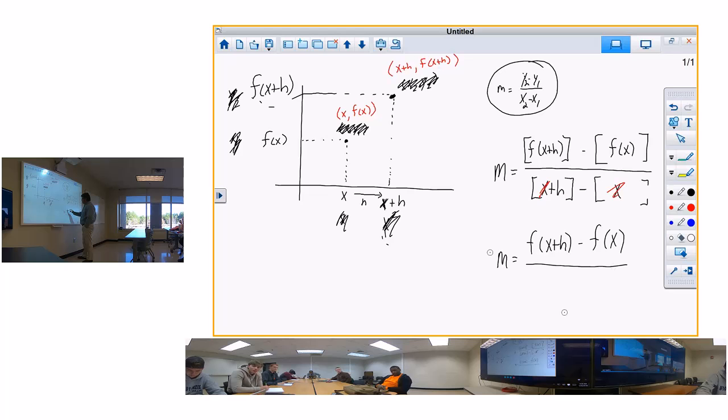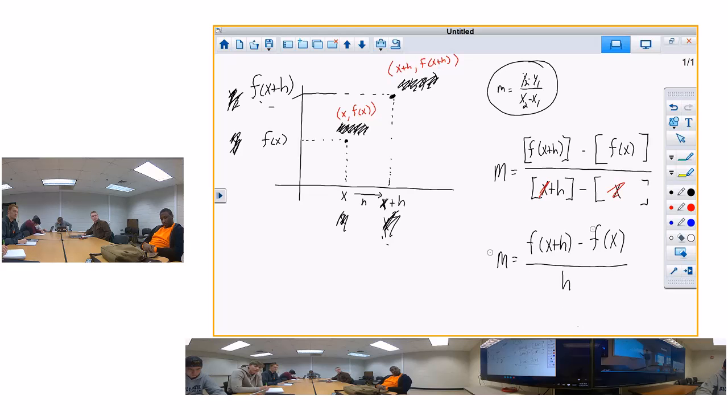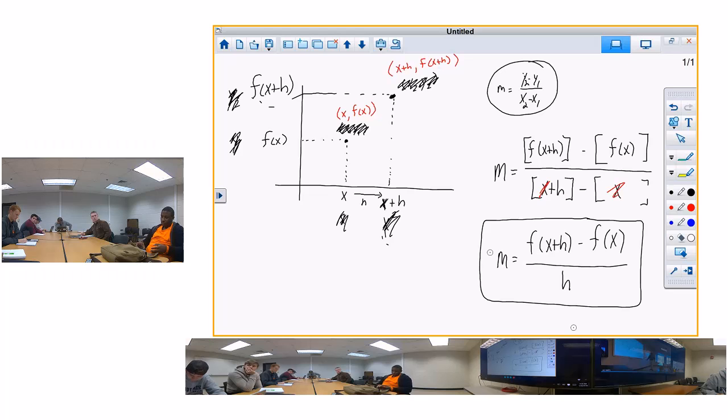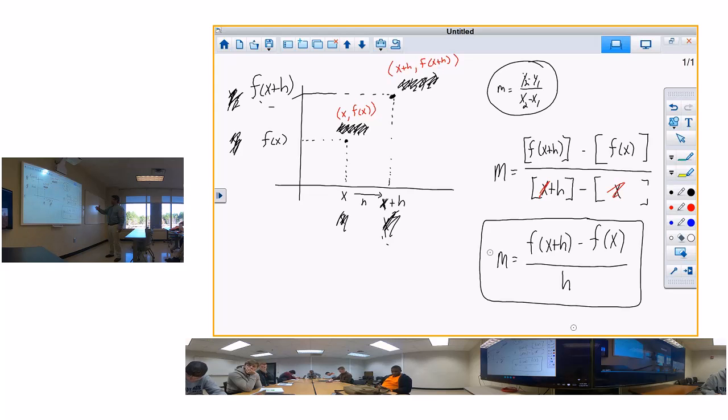Over h. So somebody tell me what is the difference quotient? A fancy way of writing the what? Slope. All it is. And once you understand that, the I'm confused, I have no idea what's going on goes away.